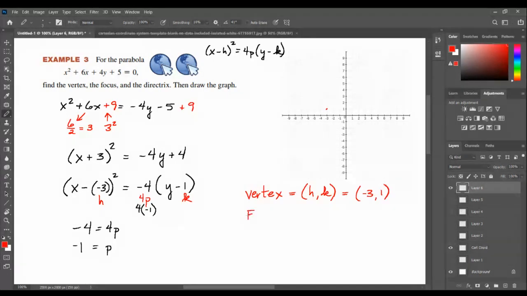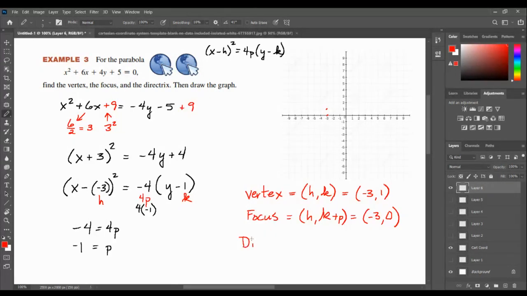The focus: because the x term is squared, I'm looking above the dashed line. The focus is (h, k + p). So I keep h. k is 1. I add p, which is -1, to that, and that's a 0. So (-3, 0) is my focus.